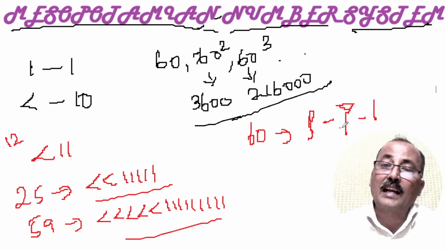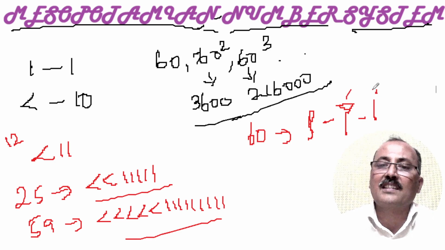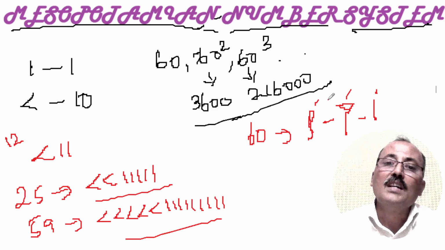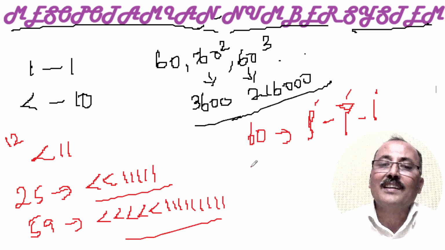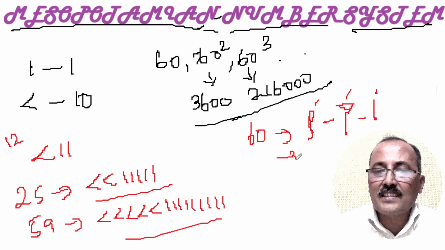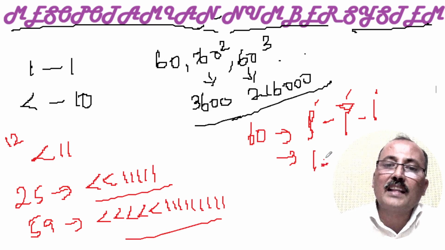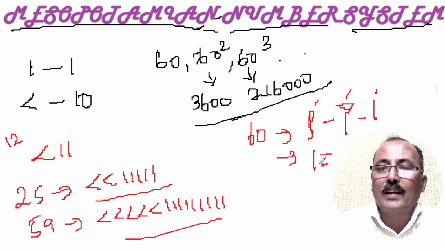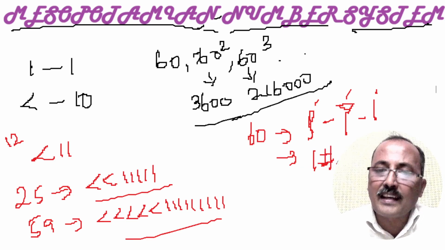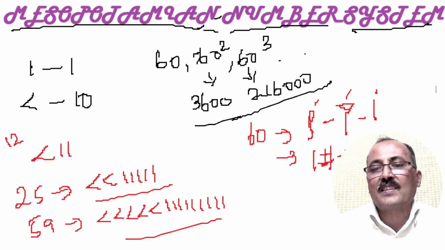The problem is, if this symbol exists, is it 60 or 1? For denoting 60, they wrote the symbol 1 itself and left a space. They had to understand that there is a space. Now I'll represent this as a space. 1 and then a space means it is 60.